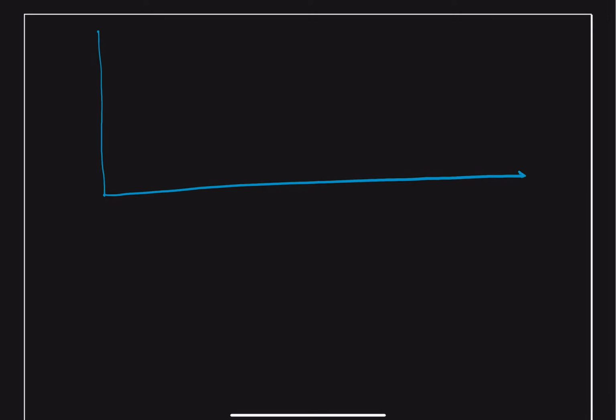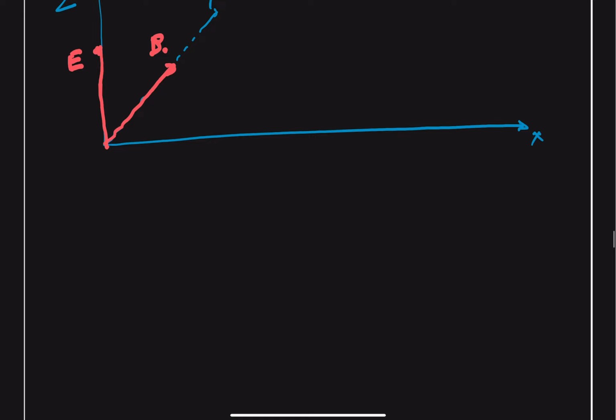We have x-axis, z-axis, and this is our y-axis. Electric field, magnetic field, and we have the particle traveling in this direction.